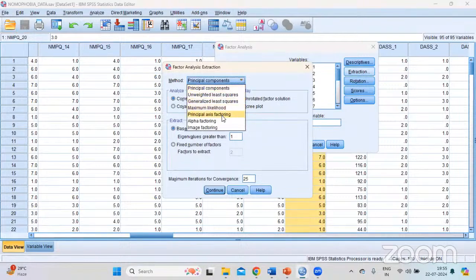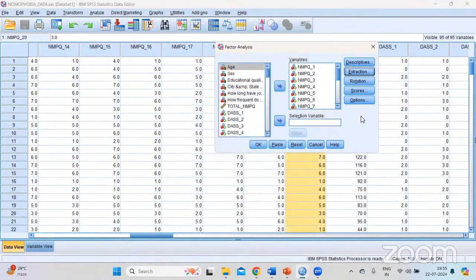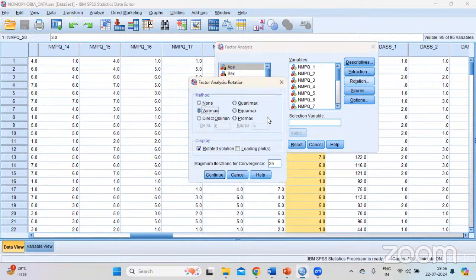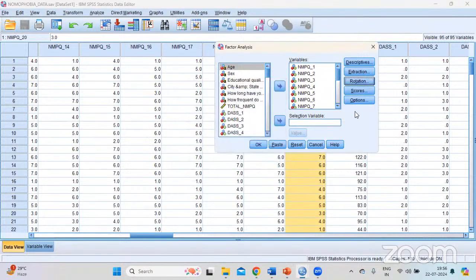So instead of principal components, now we are specifying principal axis factoring. Also, since it's common factor analysis, we will change the rotation method to Promax. We will be asking for an oblique rotation solution. Continue. Rest of the things remain the same.